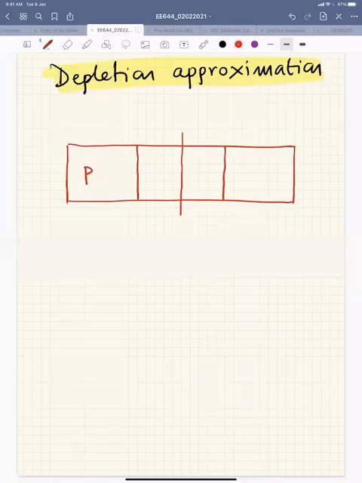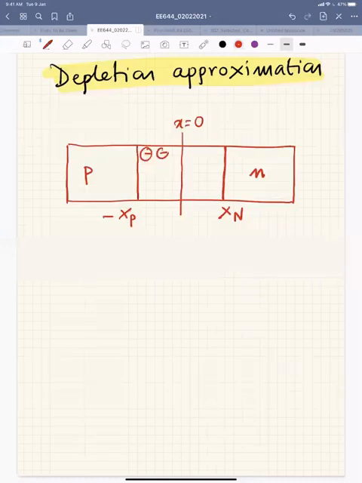Okay, let me tell you what the depletion approximation is. You have some ideas, but not a very clear idea. If you look at this, this is my junction, x equal to 0 is my junction, and this is my minus xp point, the edge of the depletion region in the p side, and this is the edge of the depletion region in the n side.